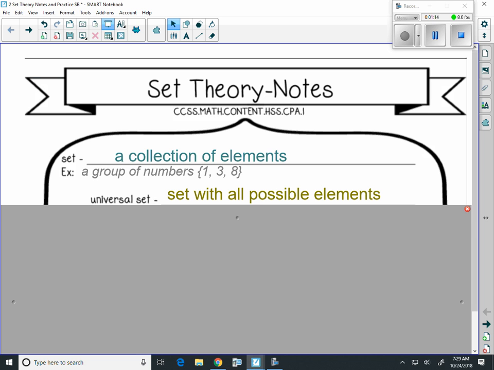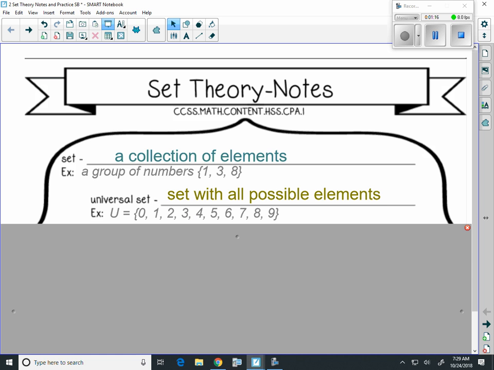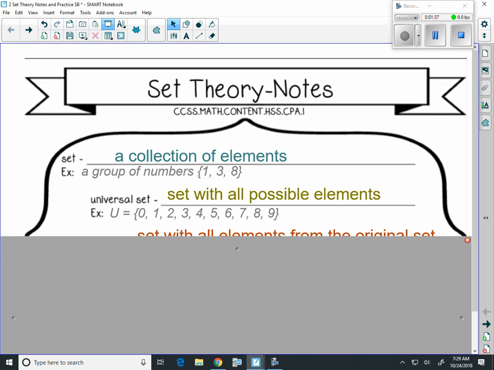Okay, and then so say our universal set's here. We would say U equals. That would be our universal set. Okay, this is a lot of writing, so I'll give you your time here.